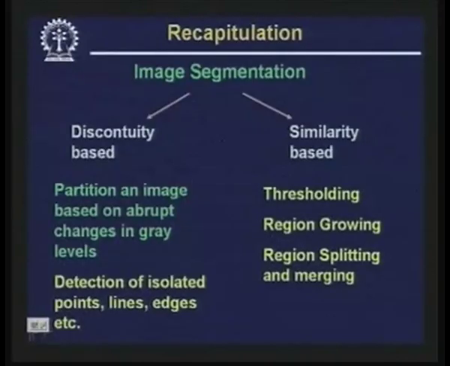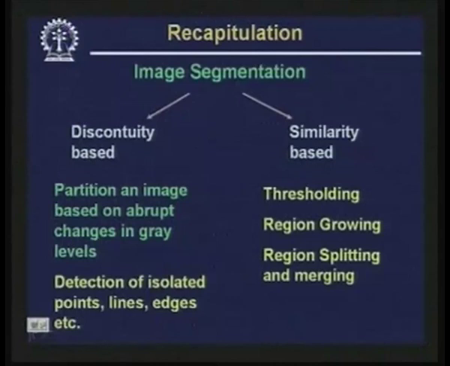Once we detect such isolated points, or points lying on a line, which obviously is a boundary between a lighter image region and a darker image region, and once we identify those points, then by some post processing technique we try to link those points, and after that we get the partitioning of the image into different regions. Naturally in this case the partitioning is based on the discontinuity approach.